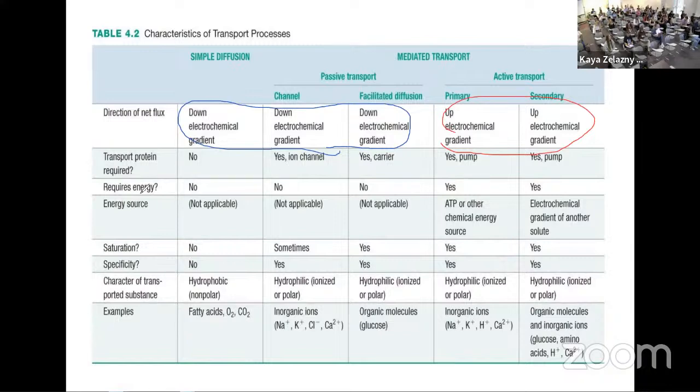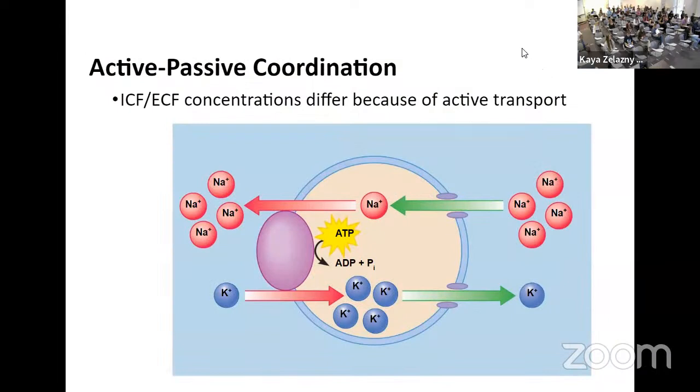We can see whether we need energy, the source of the energy. We can even see some examples, whether those proteins can get full, how specific they are to the molecules that they're moving. If you like studying in table form, I would pick the parts of that table that correspond to facts that we had in the slides.